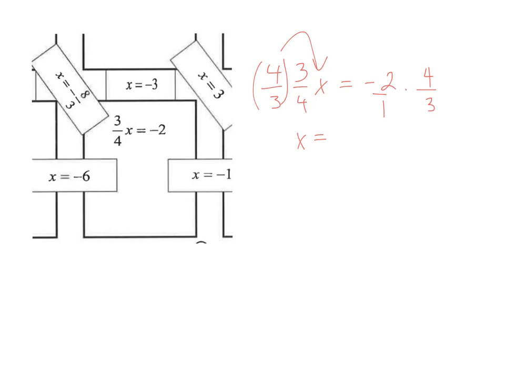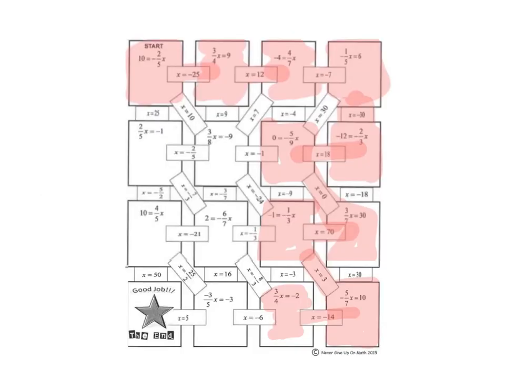Cross-canceling, there's nothing we can cross-cancel here. So we're going to have negative 2 times 4, which is negative 8 over 3. And so we're going up and to the left.